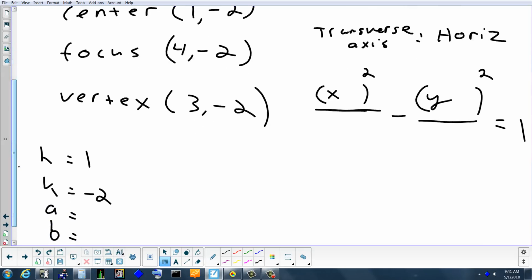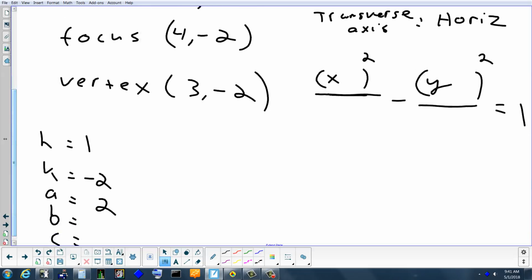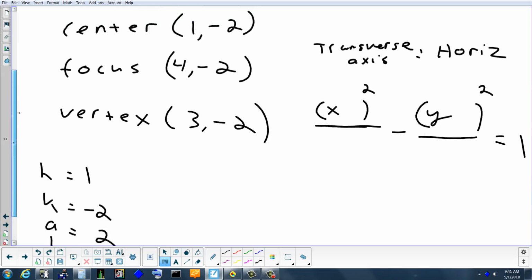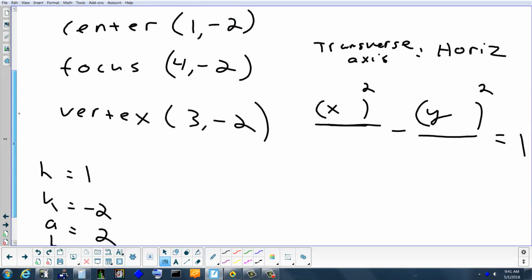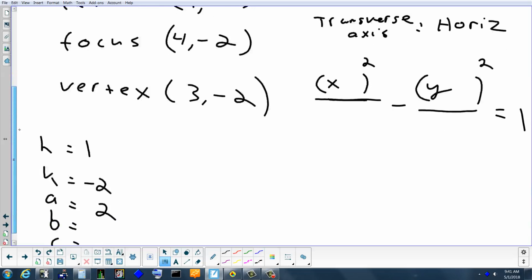Jan, how about A, distance from center to vertex? That would be 2. B, we can't really find directly, but C I can. Leo, what's the distance from the center to the vertex? 2. Center to, yeah, I already asked that question.